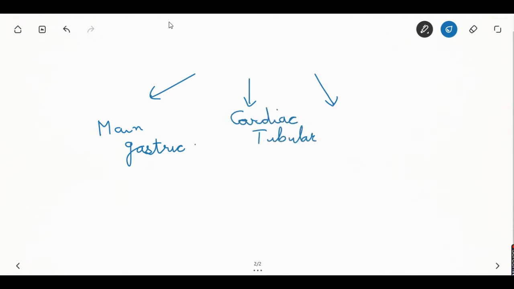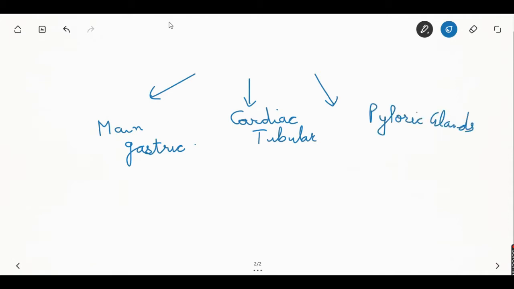The gastric mucous membrane consists of three types of gastric glands: one is the main gastric gland, second the cardiac tubular glands, and third the pyloric glands.